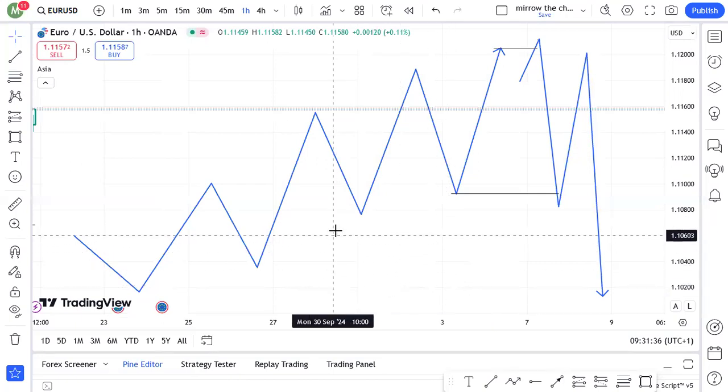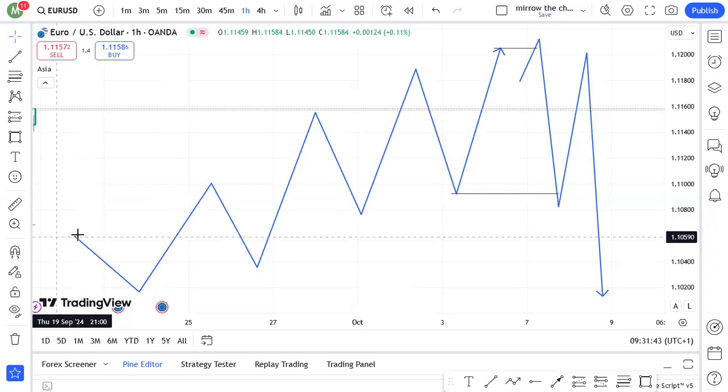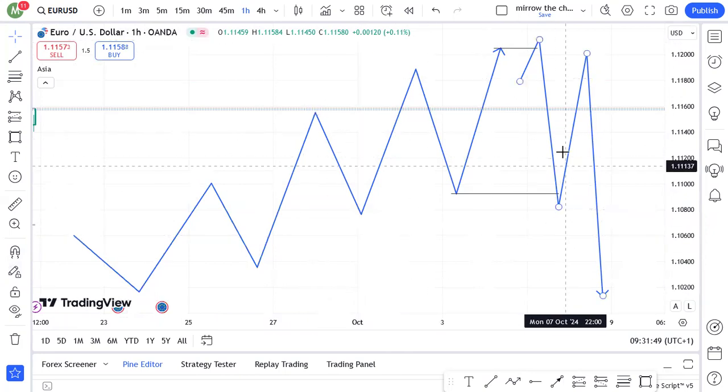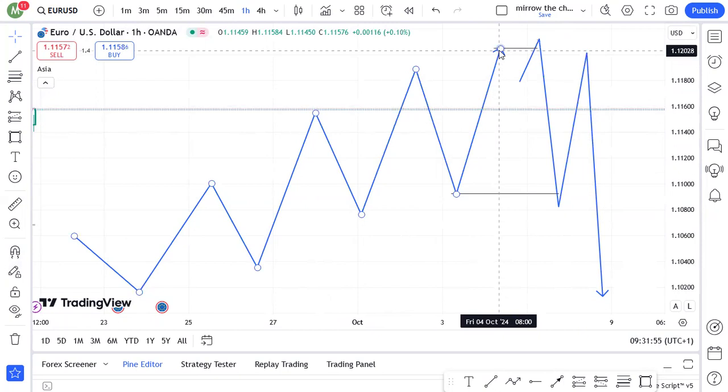Let's take an instance where price is bullish in this scenario, making higher low, higher high, higher low. Let's say that this high here was a Friday high, a high price made on Friday before market close.